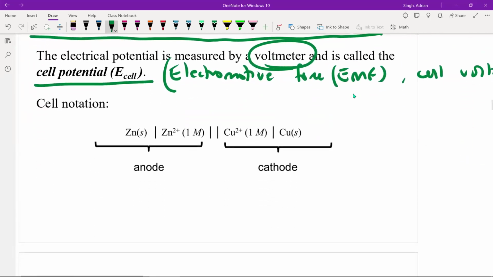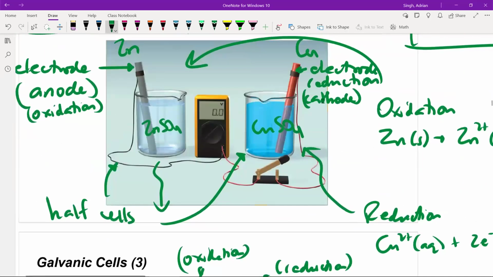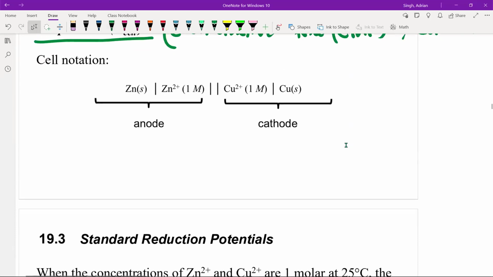We can represent the notation that we use for our galvanic or voltaic cell as follows. In the case of the cell we have by combining these two half cells, we have our zinc solid shown here, and then this solid vertical line that represents a phase boundary.